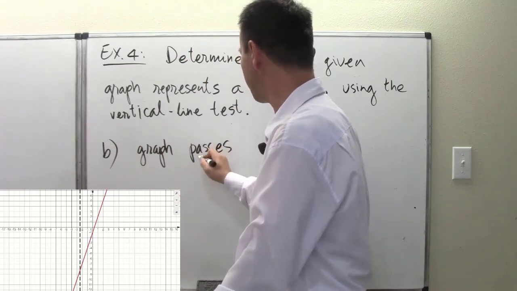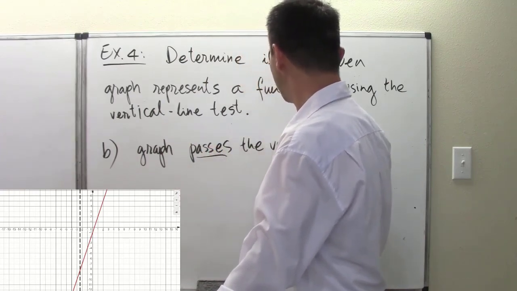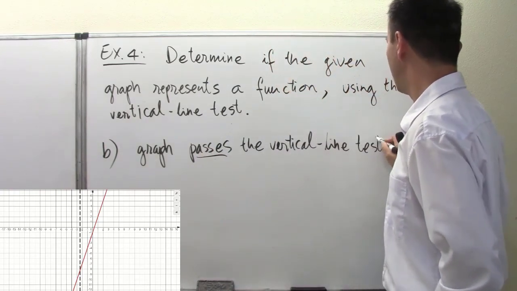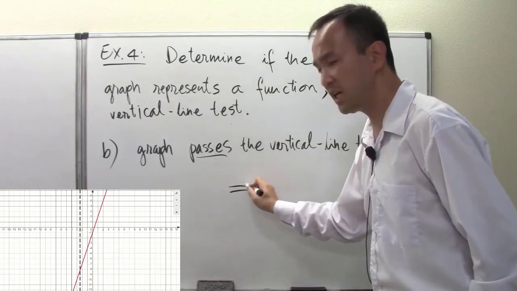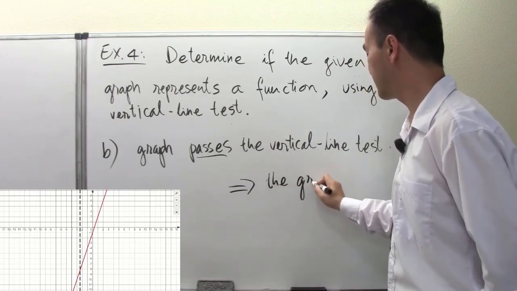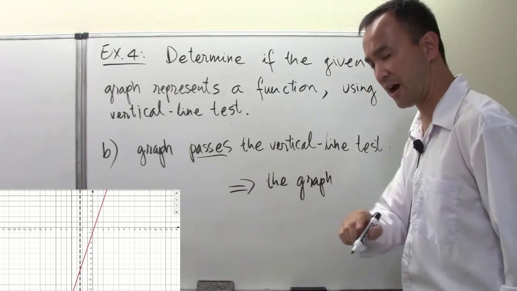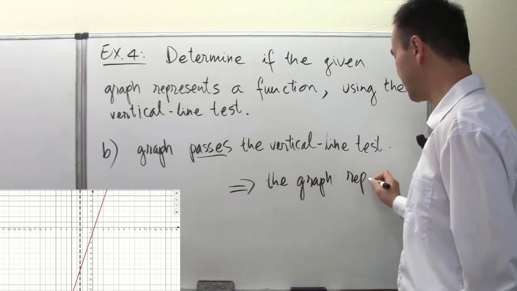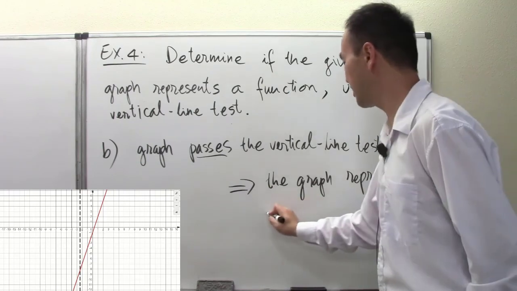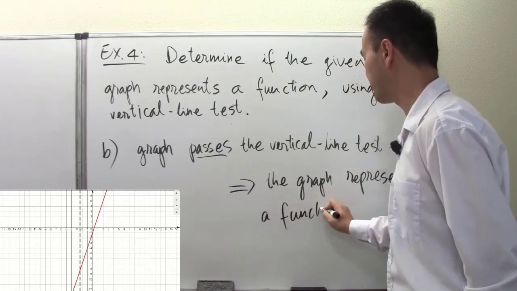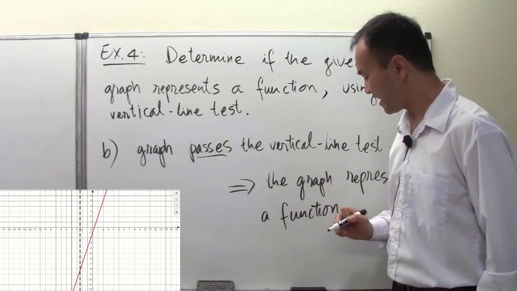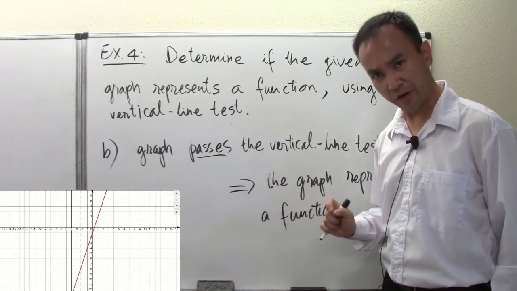So the graph passes the vertical line test, and consequently this graph, the graph in this problem, does represent a function. All right, so that's how we use the vertical line test, a pretty effective tool.